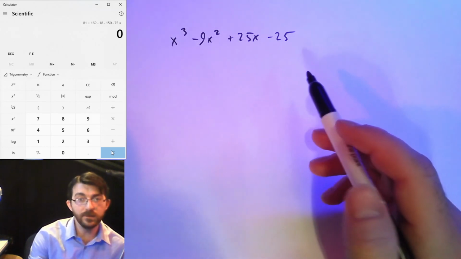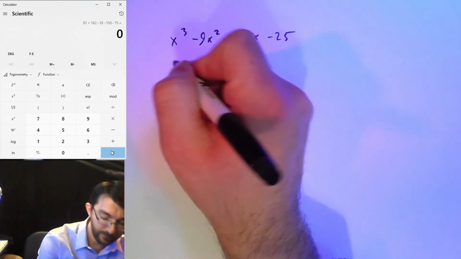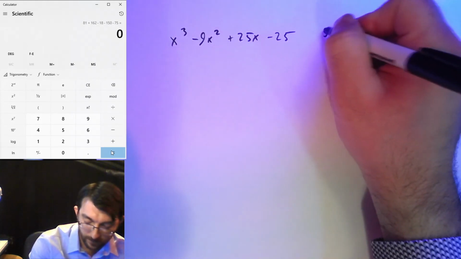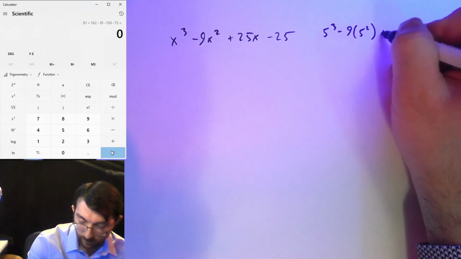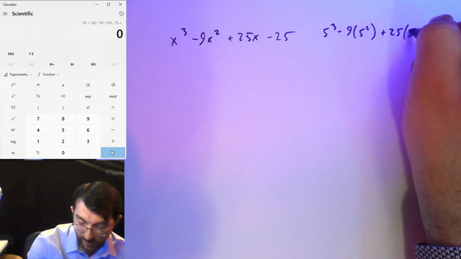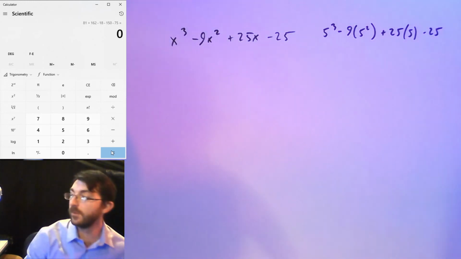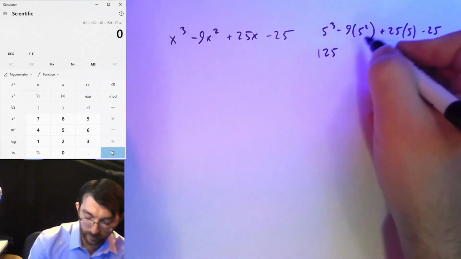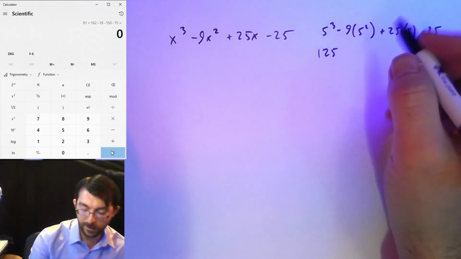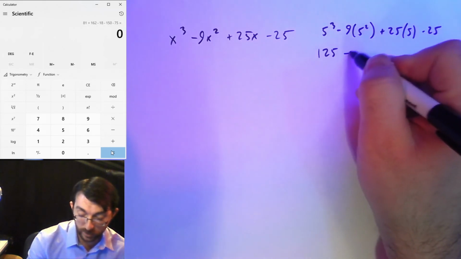Eventually, I would discover that 5 is a 0. That would be 5 cubed minus 9 times 5 squared, plus 25 times 5, minus 25. This would be 125. 9 times 25 is 225.